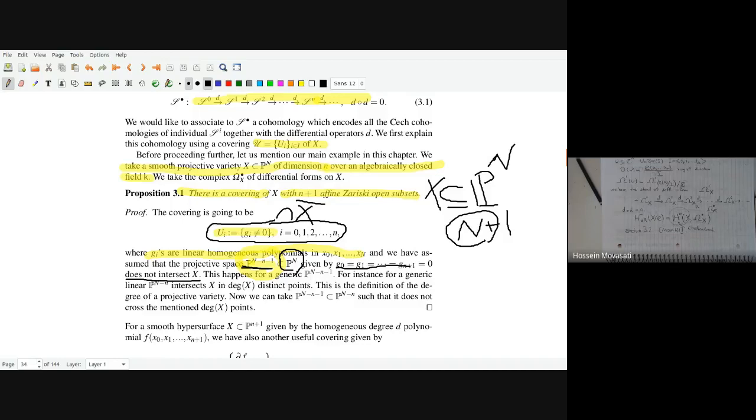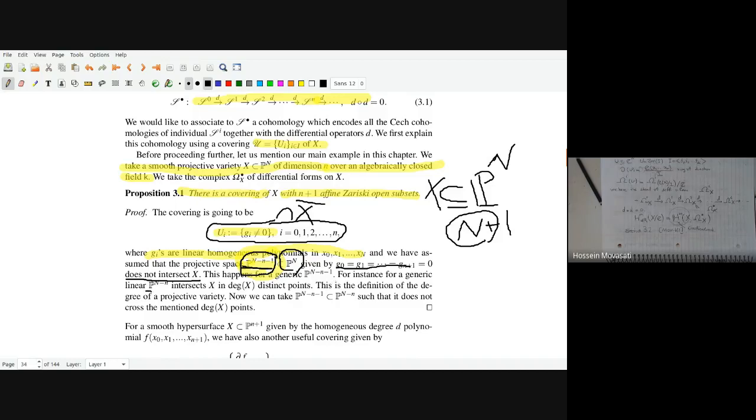And it's an easy exercise in algebraic geometry. Once you have a variety of dimension n, then there are always linear projective subvarieties of Pn which do not intersect this one. For instance, one proof would be: what is the degree of X?